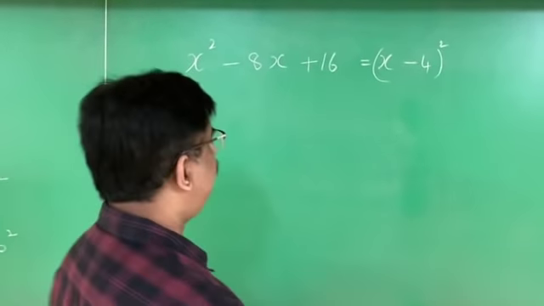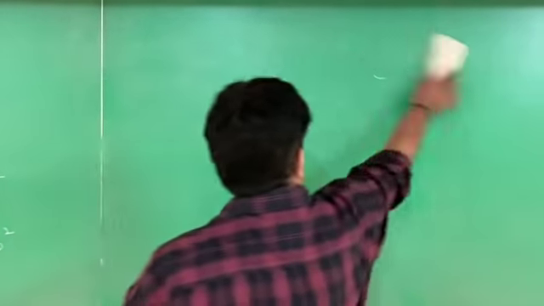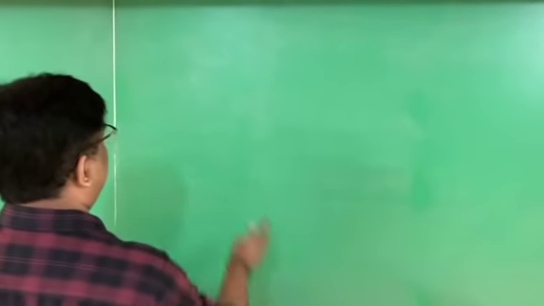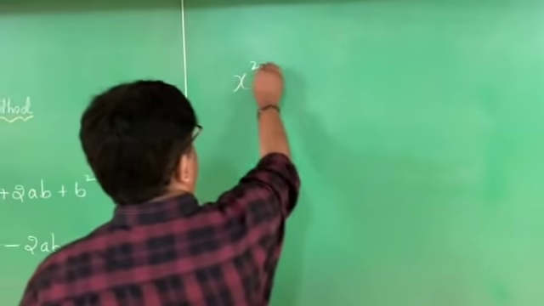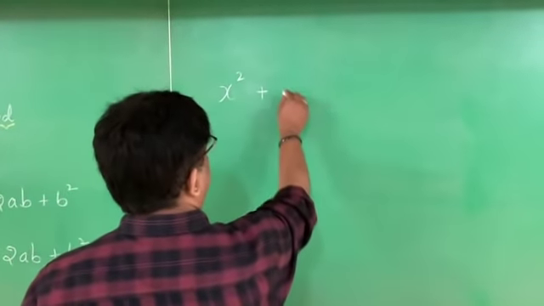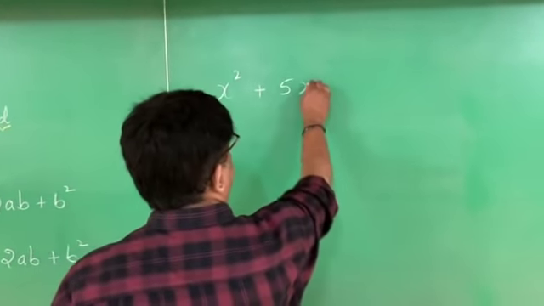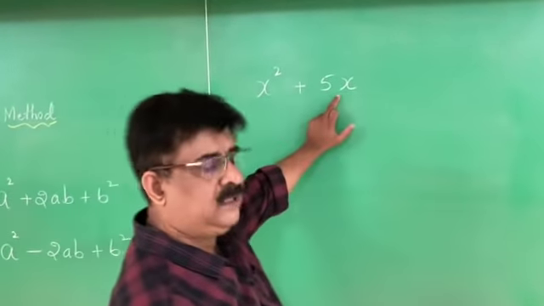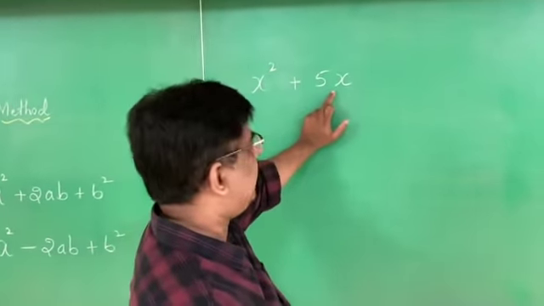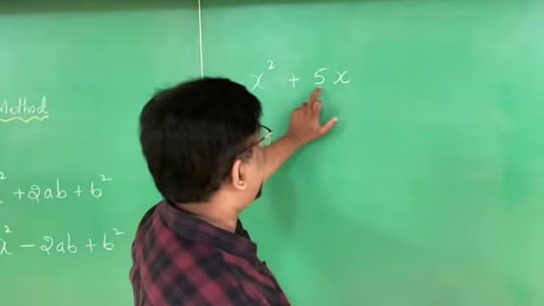Again I tell you a problem of a different kind. For example, here there is a problem. If it is x square plus 5x, what should be added to this to make it a plus b whole square? 5 is there.